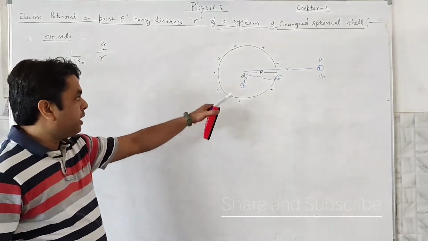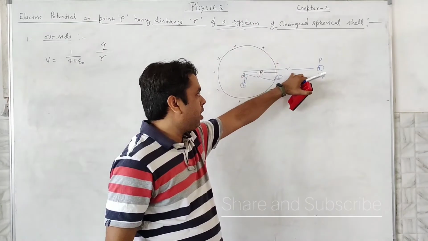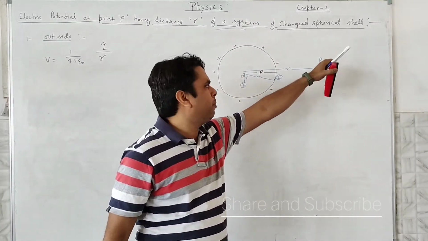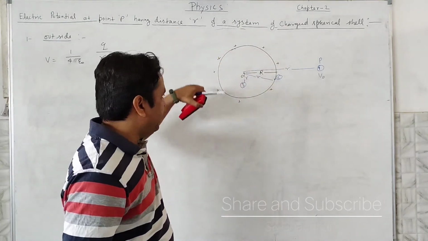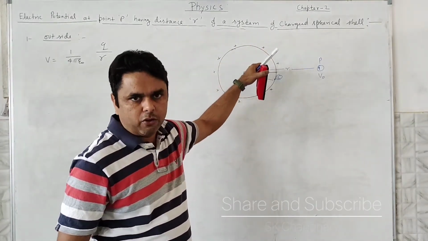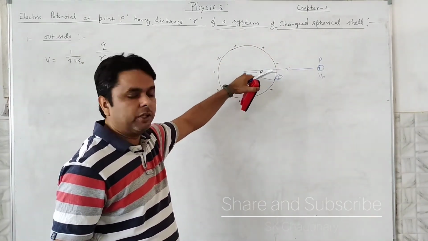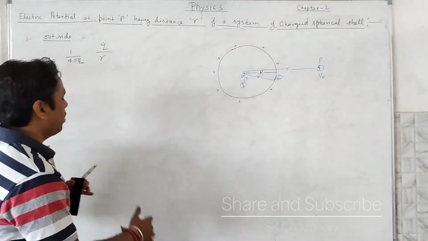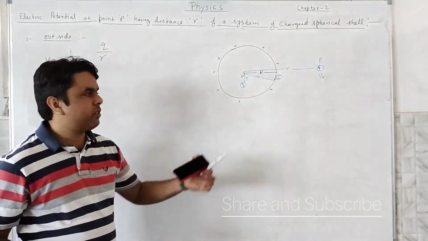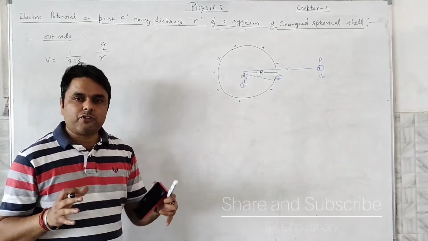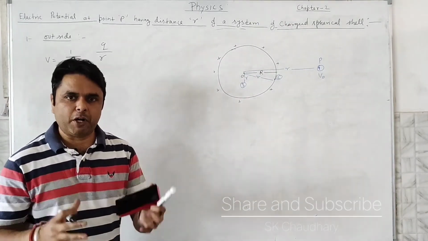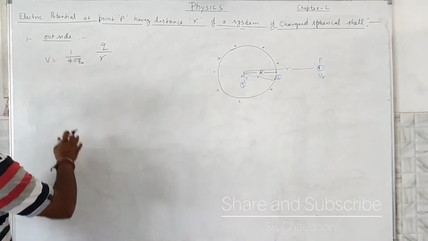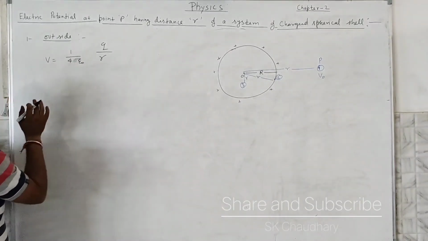So here also, the spherical shell at the point r, which is very far away, behaves as a point charge, or you can say the charge is concentrated over the center. In the previous videos we discussed that when the charge is concentrated over a particular point, then the formula for the electric potential remains as it is.